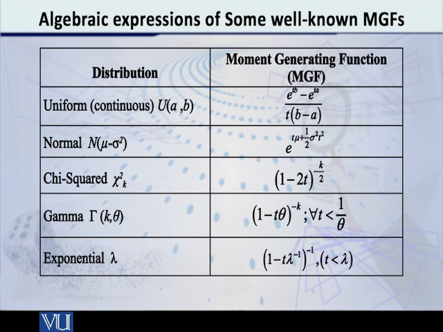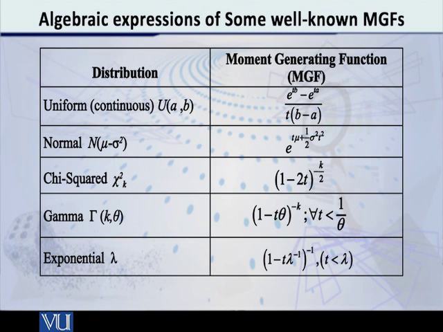Let us consider the gamma distribution with parameters k and theta. इसका जो MGF है उसका expression क्या है? 1 minus t theta and this whole thing raised to minus k. And this will hold for all those values of t which are less than 1 over theta. इसके बाद let us consider the chi-square distribution.